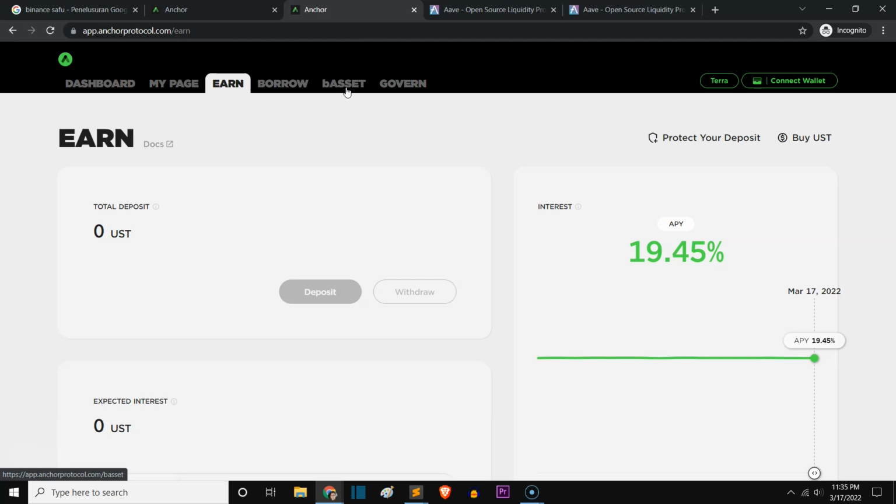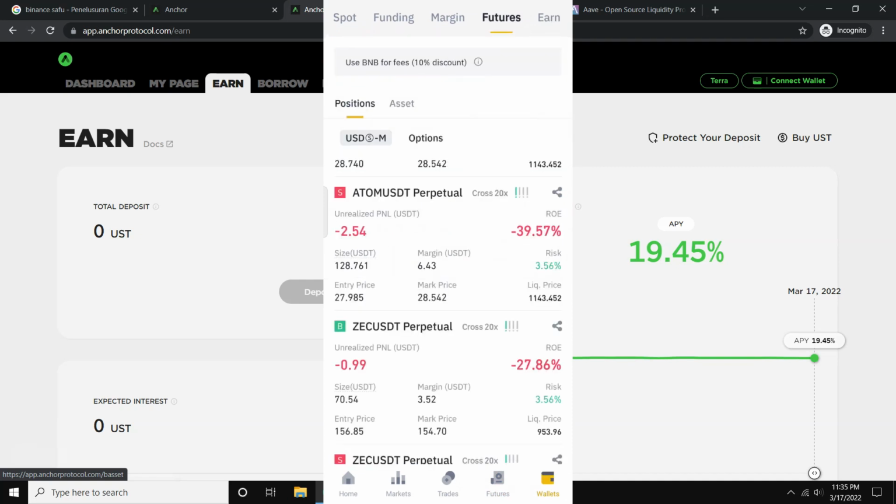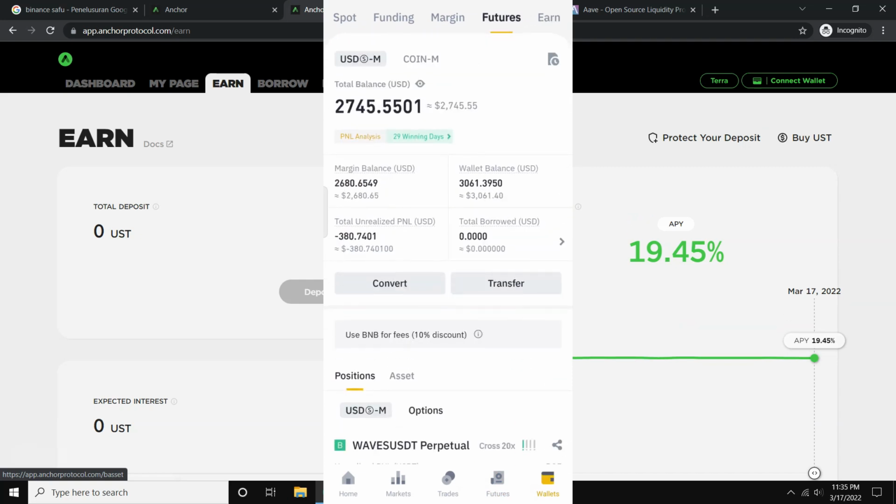Okay, using AntBot. If you play futures, you can see my futures here, my futures wallet. You can see here, I put $2,000, I already made $3,000, so $1,000 profit. Okay, definitely I will share with you more about my futures results using the bot.